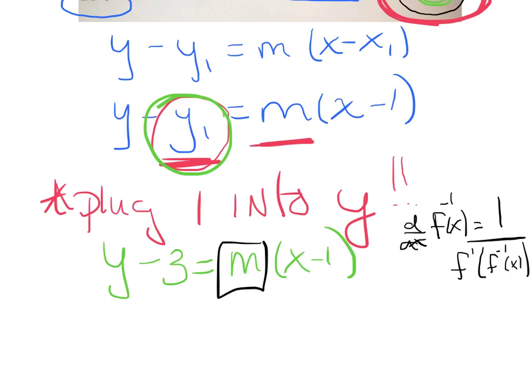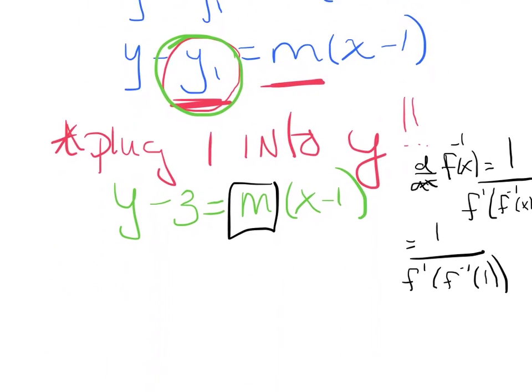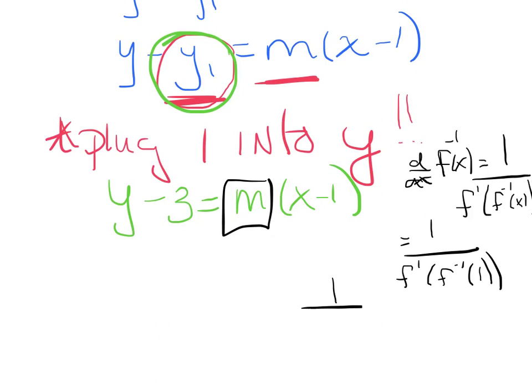So I've got 1 over f prime of f inverse of 1. And I know f inverse of 1, I just found. So again, f inverse of 1 means plug 1 into y. That corresponds to that 3. So I have 1 over f prime of 3.